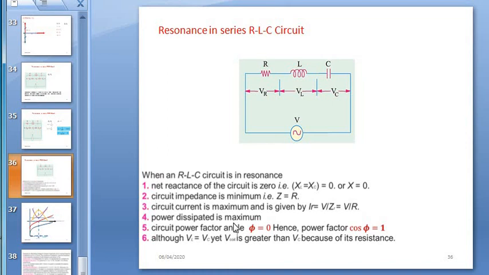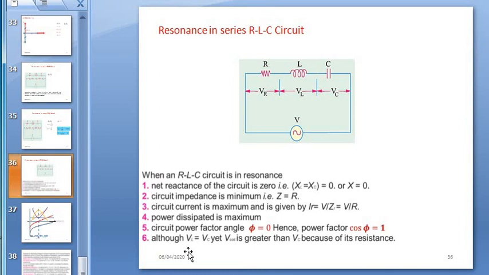Since current is maximum, power is also maximum, given by the formula I square into R. The circuit power factor angle phi will be 0 since Z and R both are equal, therefore phi is equal to 0 and power factor is equal to unity or 1.